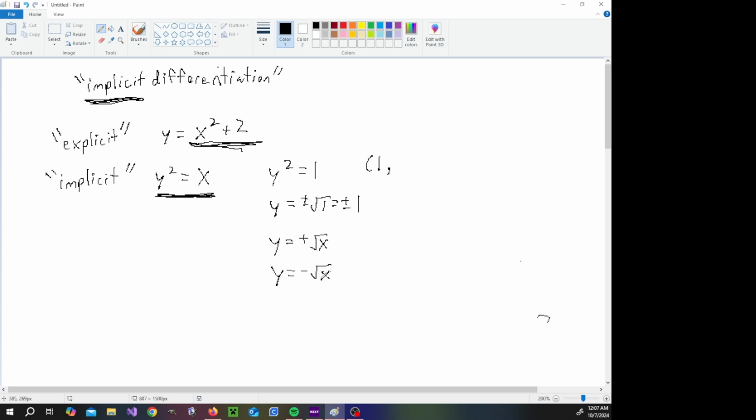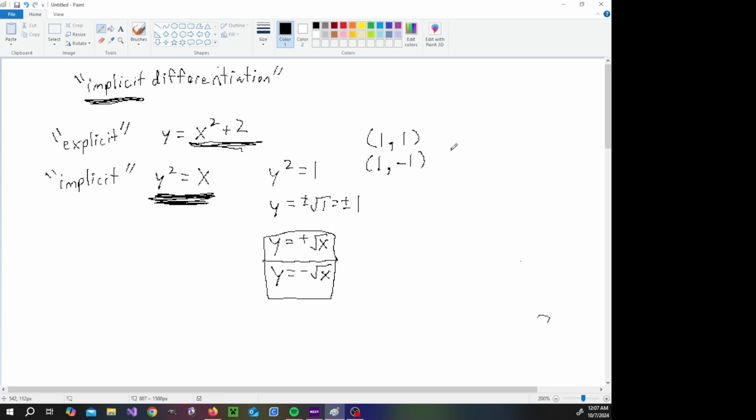Each one of these individually is a perfectly valid function. However, this relationship is not a function. Why? Because for an x value of 1, I have negative 1 and positive 1 as valid coordinates.